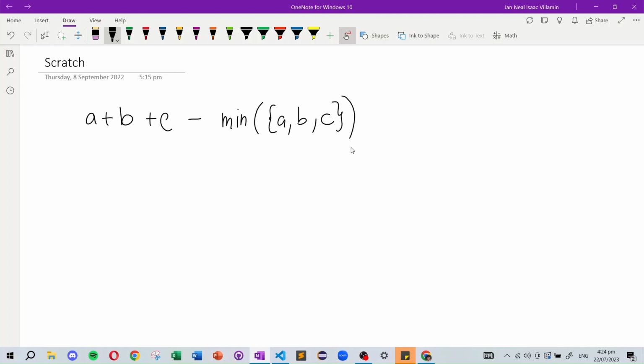This gives the sum of the largest two digits among a, b, and c, because if you take away the minimum from the total, it's just the two that are highest.